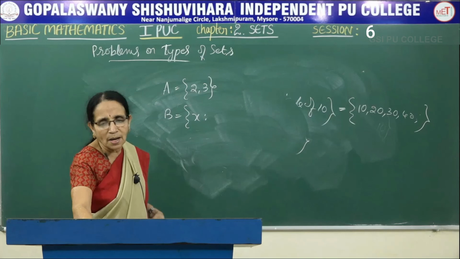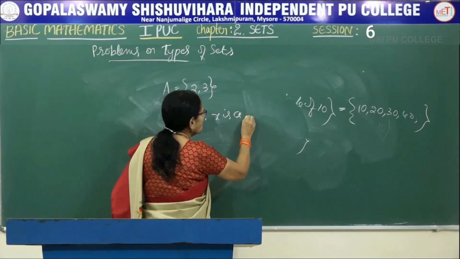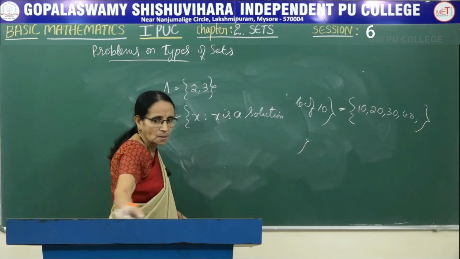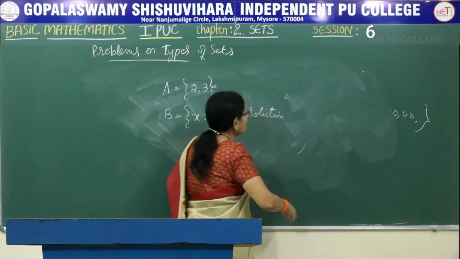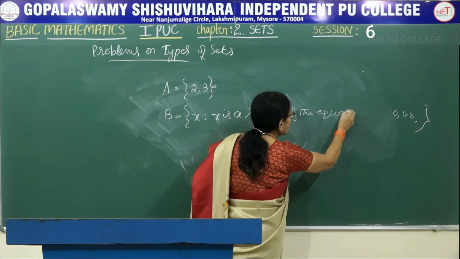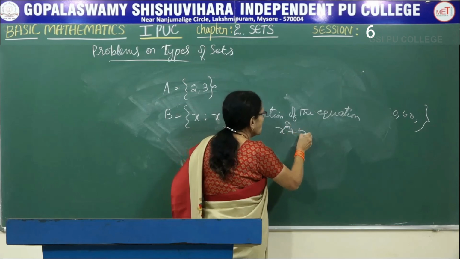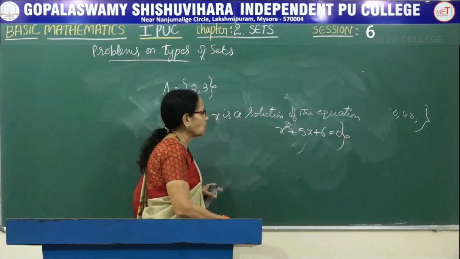It contains all X such that X is a solution of the equation x square plus 5x plus 6 equal to 0.